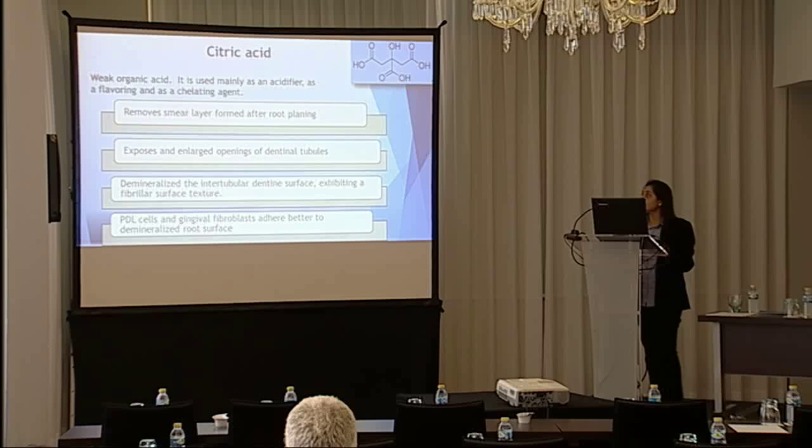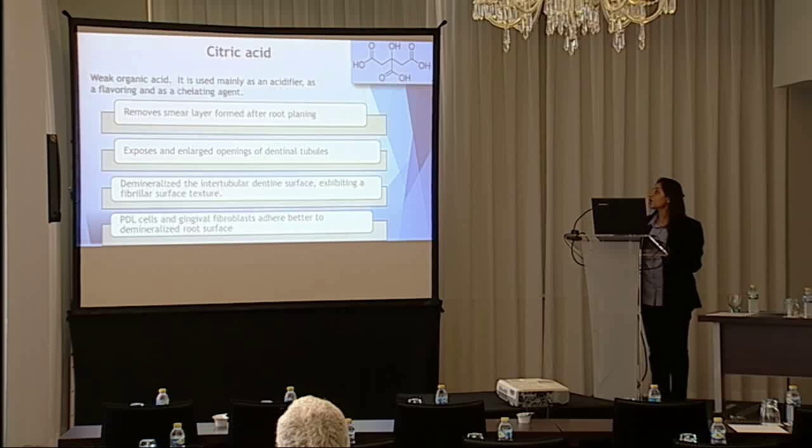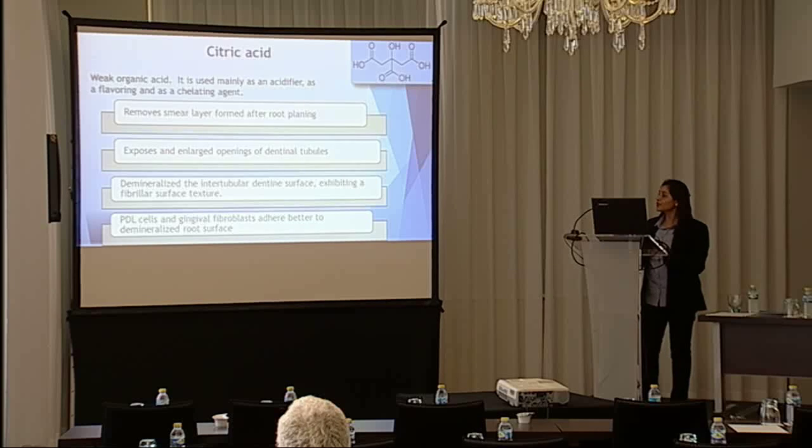Citric acid is a weak organic acid mainly used as an acidifier, flavoring, and chelating agent. It removes the smear layer formed after root instrumentation. It exposes and enlarges openings of the dentinal tubules. It demineralizes the intertubular dentin surface, exhibiting a fibrillar surface texture, and periodontal ligament and gingival fibroblasts adhere better to a demineralized root surface.